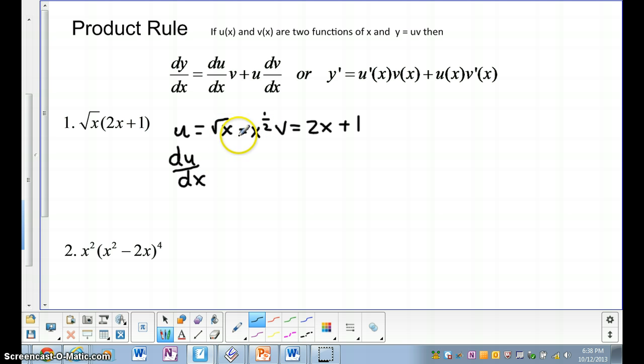So remember, the square root of x is equal to x to the 1/2. So our derivative of u would be 1/2 times x to the negative 1/2. Our derivative of v with respect to x is just 2.